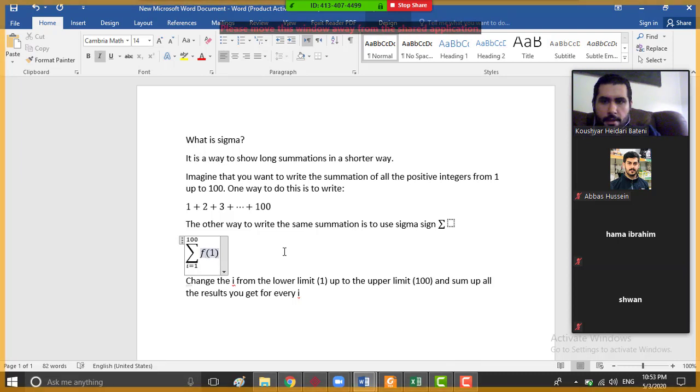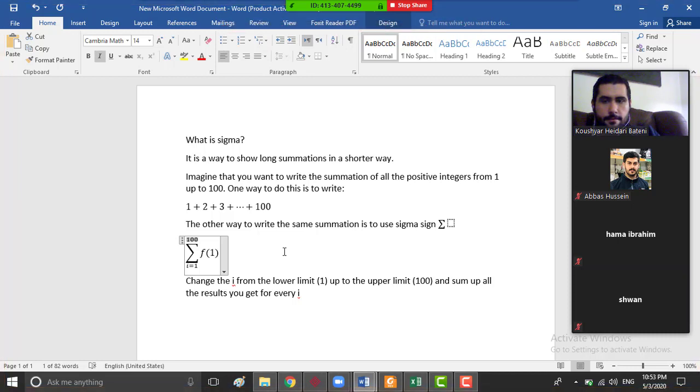The sigma sign says change the i from the lower limit, which here is 1, up to the upper limit, which here is 100, and sum up all the results that you get for every i. Okay?